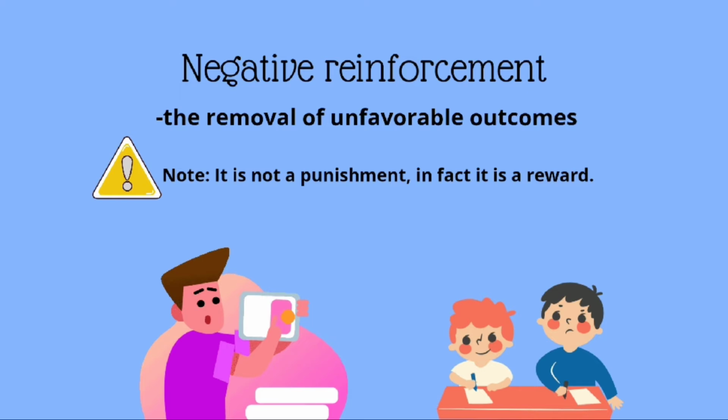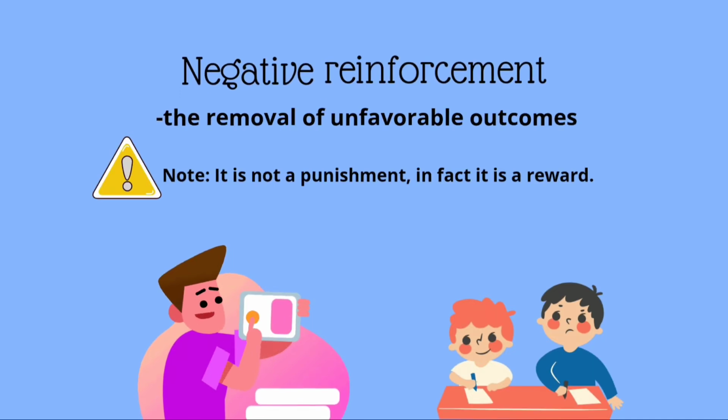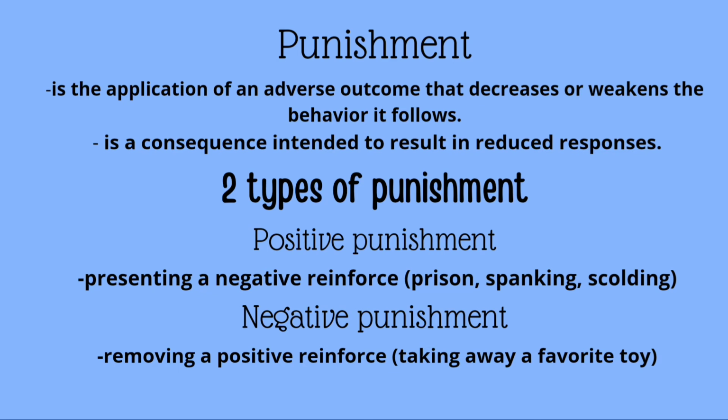A negative reinforcer is different from a punishment because a punishment is a consequence intended to result in reduced responses. Punishment is the application of an adverse outcome that decreases or weakens the behavior it follows.